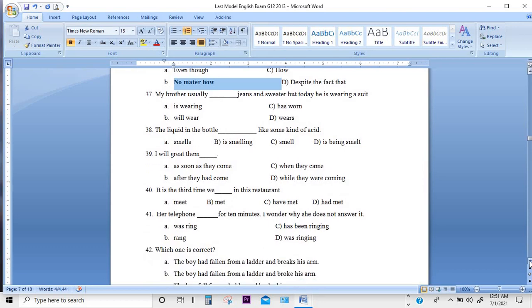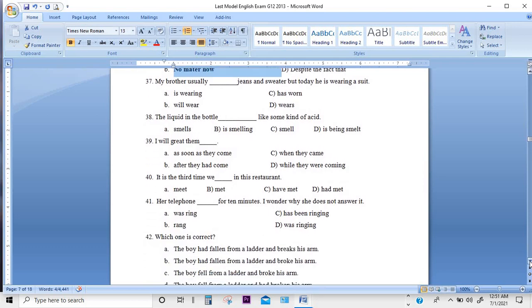Right, 37. My brother usually does jeans and sweater but today he is wearing a suit. My brother usually, okay.